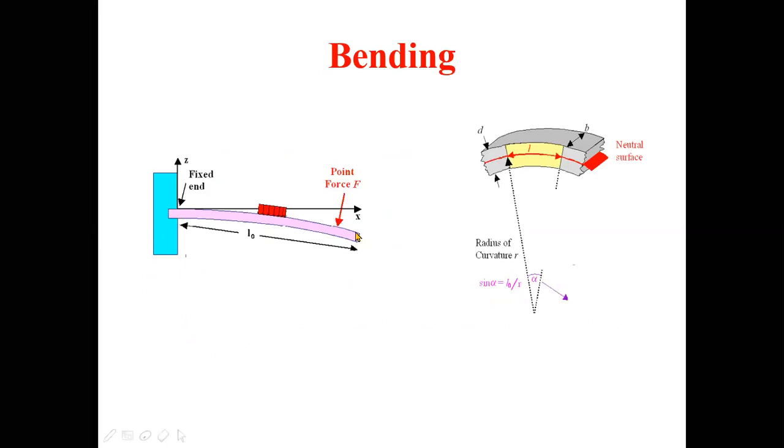This type of structure is known as cantilever, and if the load is sufficiently high, then this rigid structure will deform and take the shape of a curve in its own plane, right? And we can say the bending has occurred, and the degree of bending is measured by this angle.